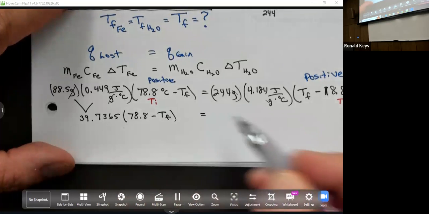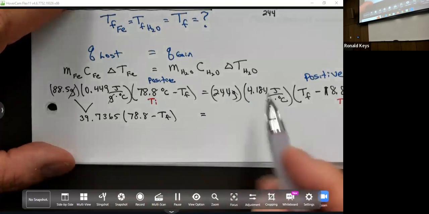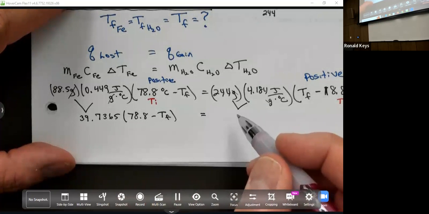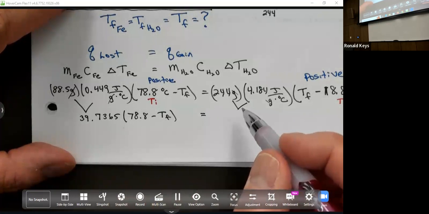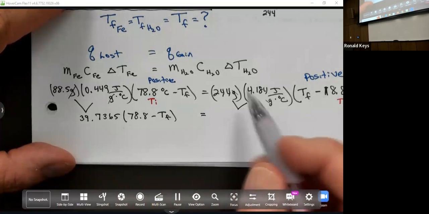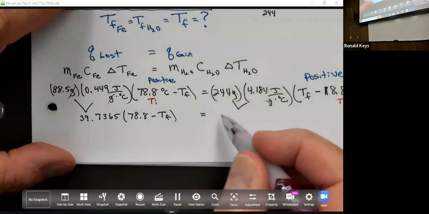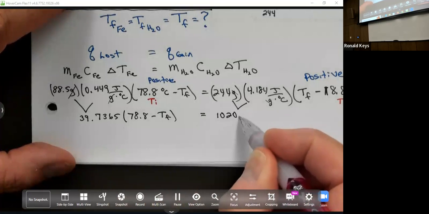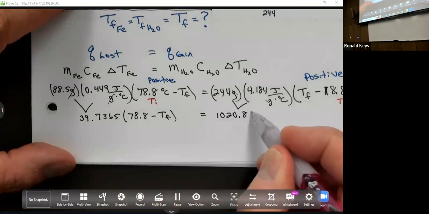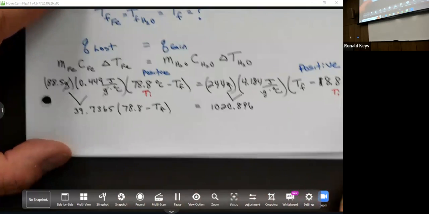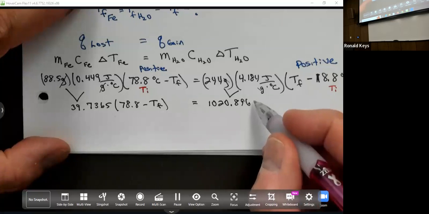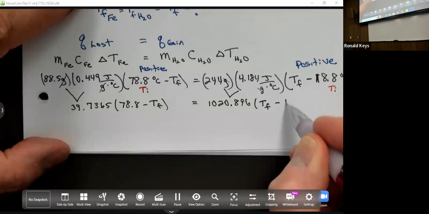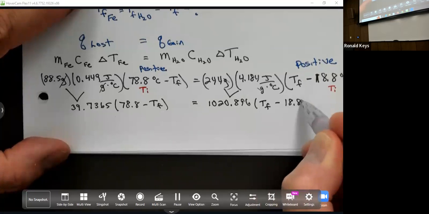And over here, if we multiply these two together, this is probably not the best way to do it. We could divide these out, but this would be fine. 1020 point... I'm just keeping extra numbers because they're still in my calculator. Then T final minus 18.8.